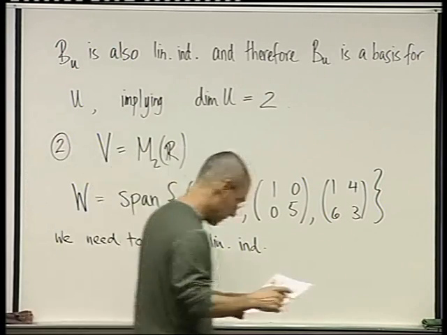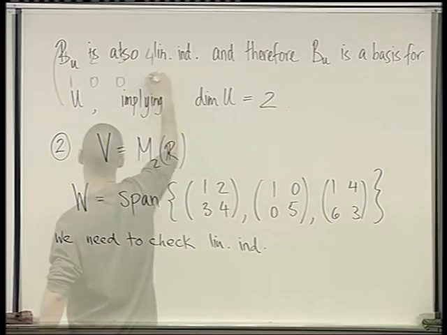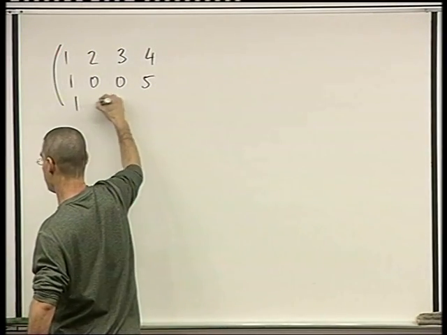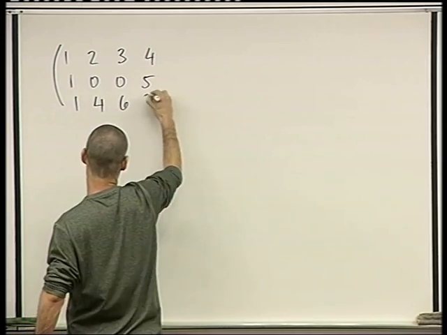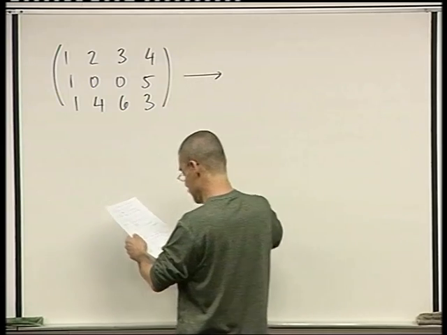Let's do that. I'm straightening them out as rows of this matrix: 1, 2, 3, 4; 1, 0, 0, 5; and 1, 4, 6, 3. And now I'm doing these row operations.